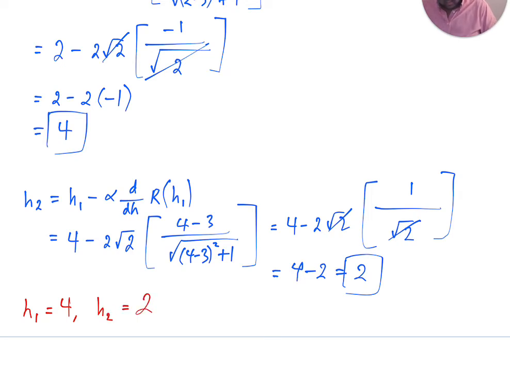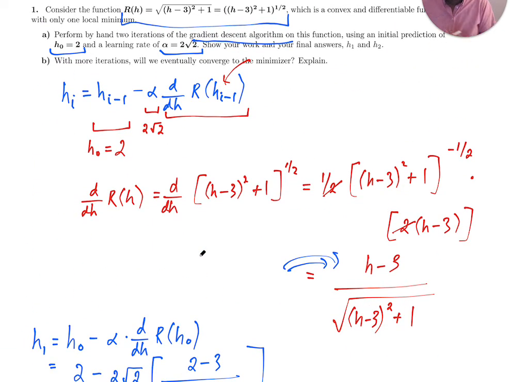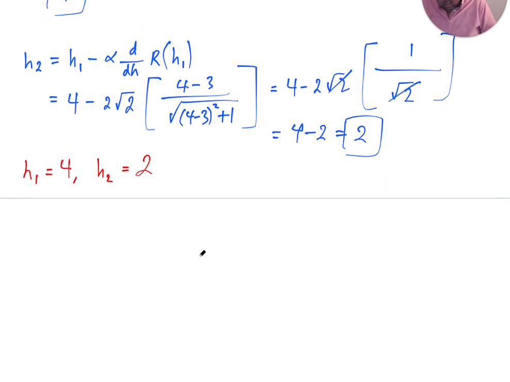Great. So now if we scroll back up to the question, part B was asking us, with more iterations, will we eventually converge to the minimizer? And so the answer to that is no. And here's why. Notice when I started off with an initial guess of 2, I then went to an updated guess of 4.